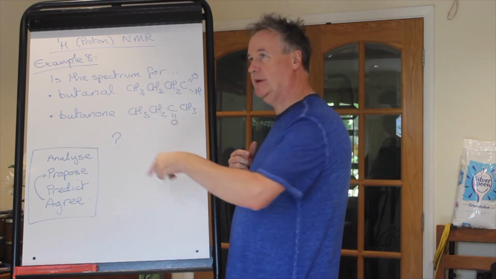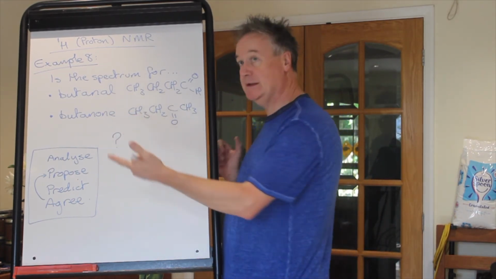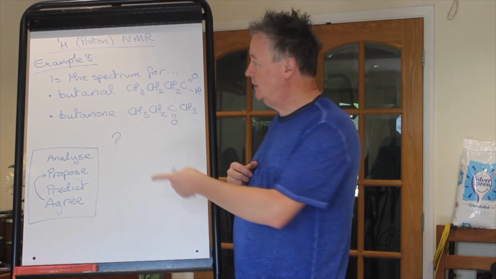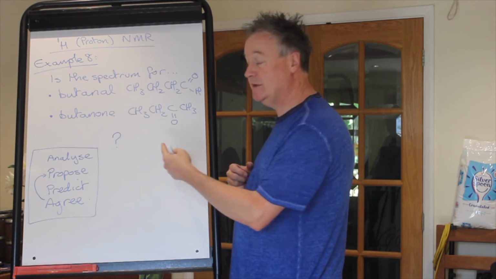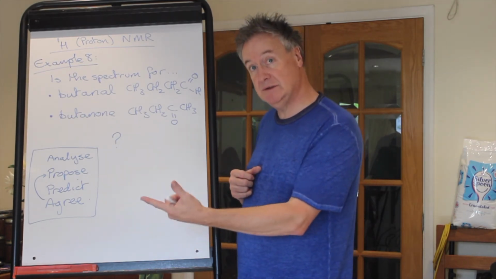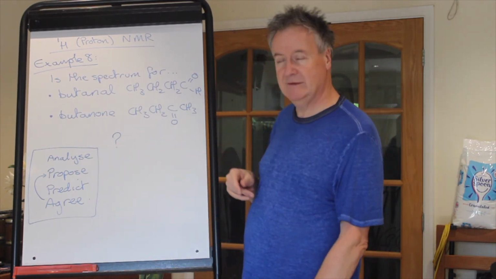Then propose a molecule. So what you do is you analyse it, you propose. Now the propose is very simple because it's one of those 2. You propose which one you think it is, and you predict what that will have. If it agrees, you have solved the problem. If it doesn't agree, you go back and it must be the other one in this case.